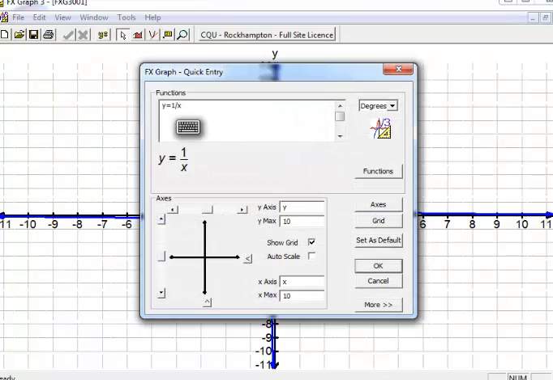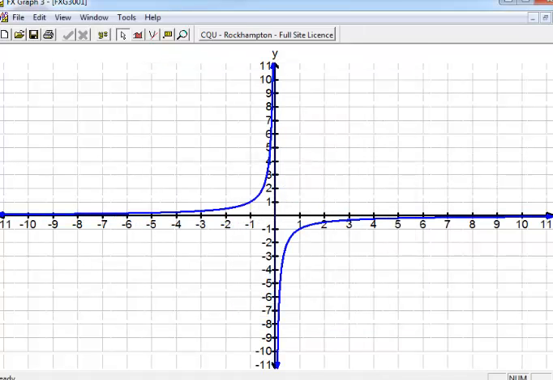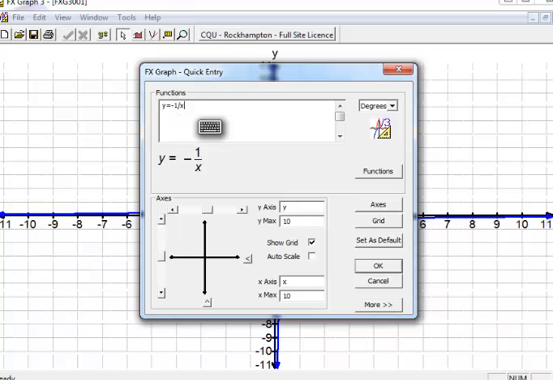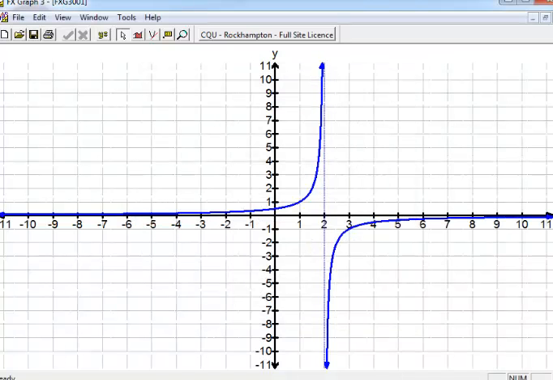And then if I put a negative in front, you can see that whereas before it was over here, now it's over in this section. I can then move it. Again, we'll talk about these translations in more detail later. But if I put that x in brackets, you can see what I'm doing here. You can see that that's now just moved across.